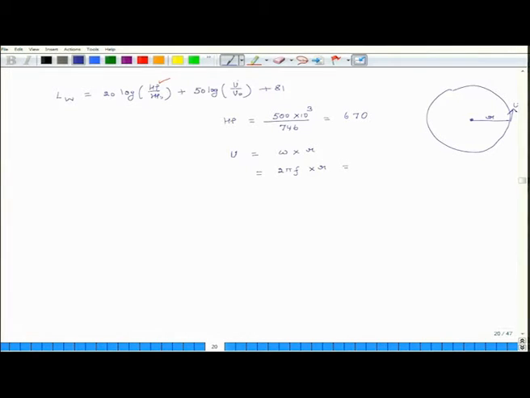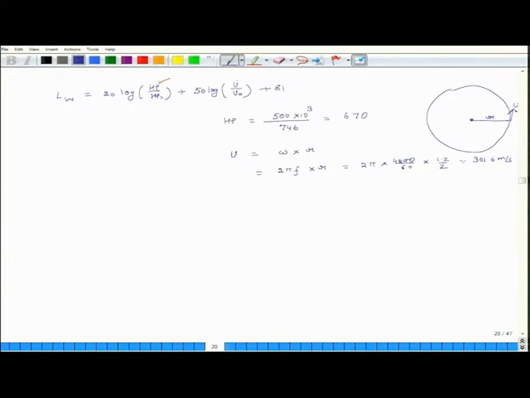So, this is equal to 2 pi times 4800 divided by 60, times r, 1.2 divided by 2. Okay. So, if you do the math, it comes to 301.6 meters per second.